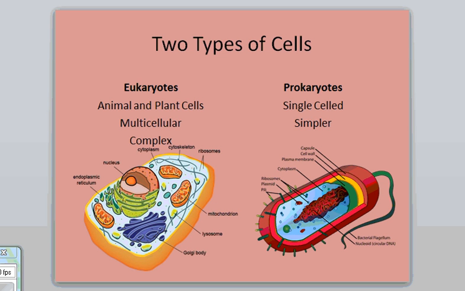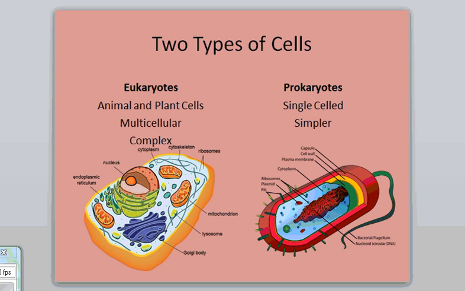Animal and plant cells. Eukaryotic cells make up animal and plant cells. Eukaryotic cells are usually found in multicellular organisms. They're a little bit more complex, meaning they have more organelles within them. You can see all these little bitty pieces within the cell.